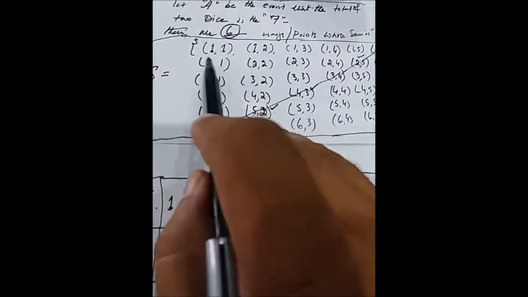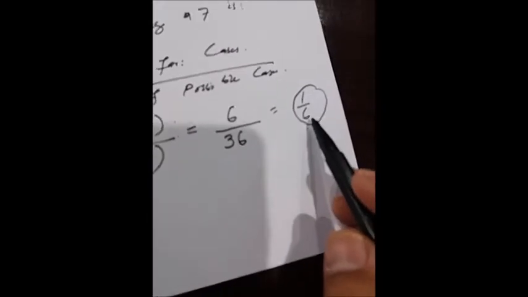We can see that in every row, 1 2 3 4 5 6, from the 6 ways, every row contains one way of getting the sum 7. There are 6 rows.